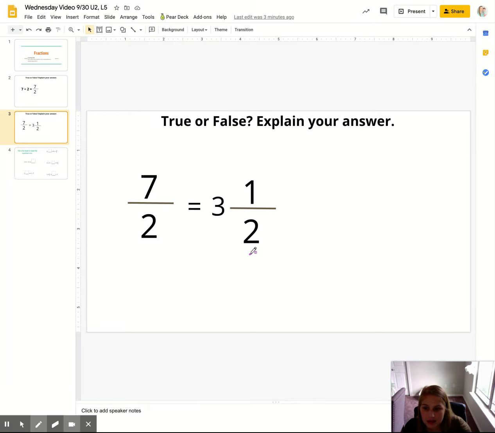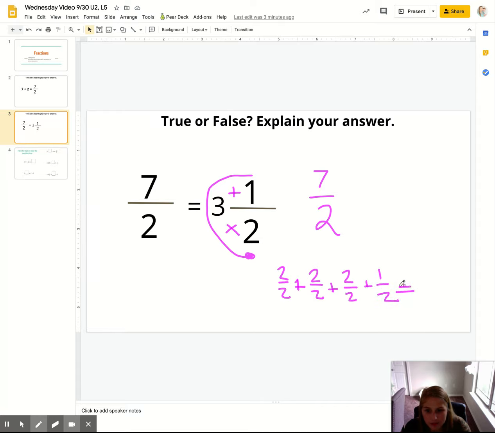So using the C method, I start at the bottom. 2 times 3 is 6, plus 1 is 7, and the bottom stays the same, 7 halves. To check my answer, I can do 3 wholes. So here's a whole, plus a whole, plus a whole, plus 1/2.